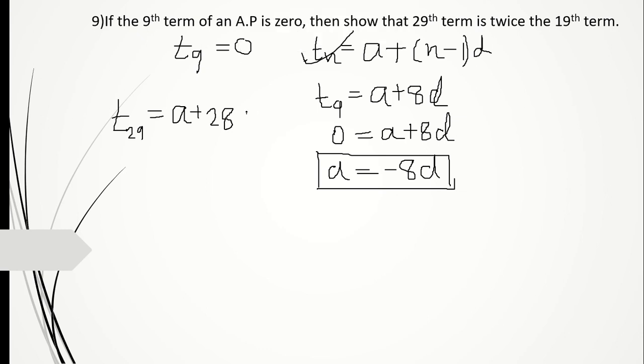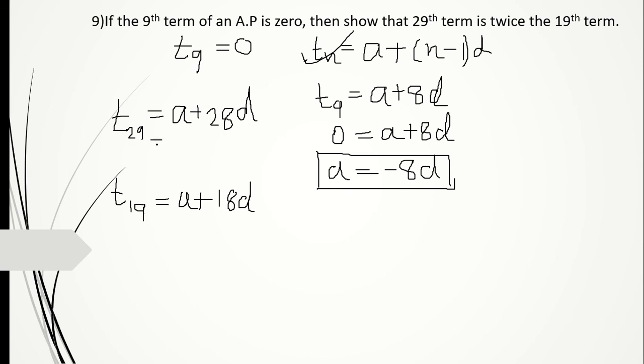And T of 19 will be A plus 18D. N minus 1, 19 minus 1, so that becomes 18.